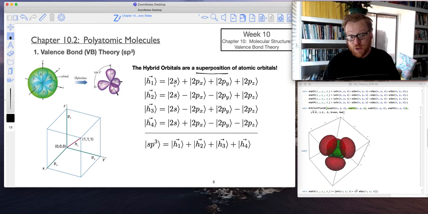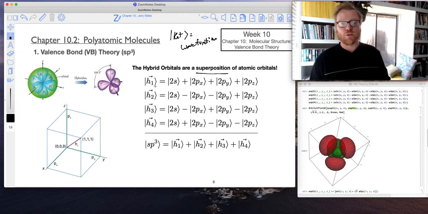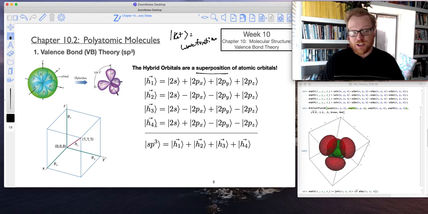And so I'll remind you, right, our ket means wave function, just as a friendly reminder, okay? And here, there are 4 new wave functions we're going to create, the H1, H2, H3, H4, and I've put this little vector notation there to indicate that each one of these wave functions ends up with a direction-specific orientation.